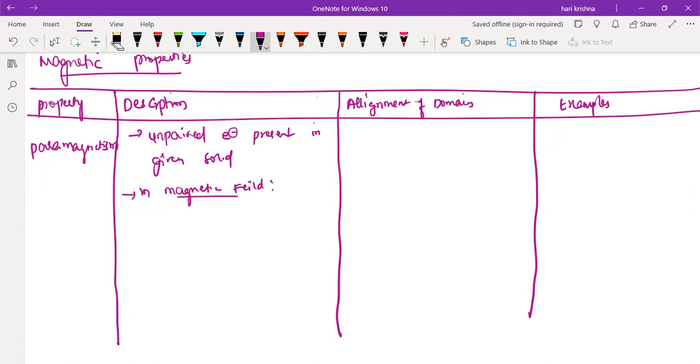In the magnetic field, what will happen? It will be attracted. Once you remove this substance out of the magnetic field, it will lose the magnetism. That means as long as the substance is kept in the magnetic field, it will act as a magnet only.